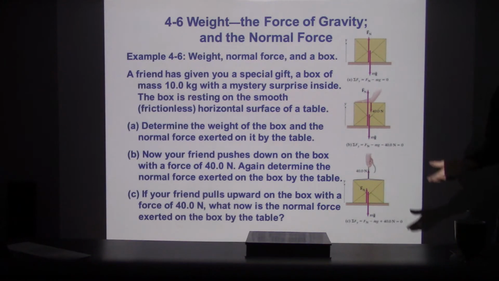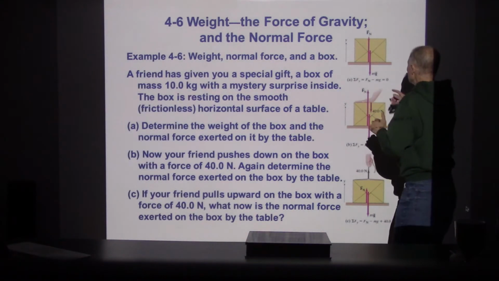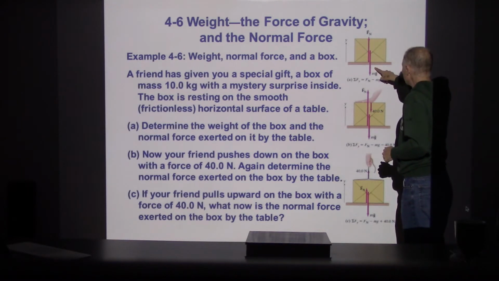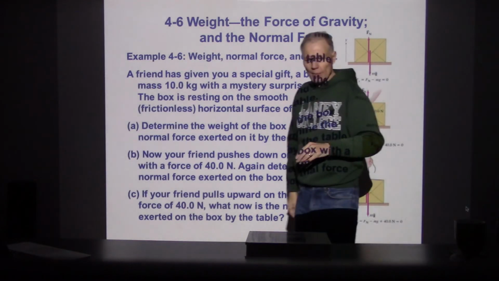And so the normal force and the gravitational force have to be equal in magnitude. Now, they're not a force pair. This is not the third law at work. These are two different forces acting on this object, and they happen to be balancing at the time. Now, in the second picture, a person walks up and pushes down on that object.